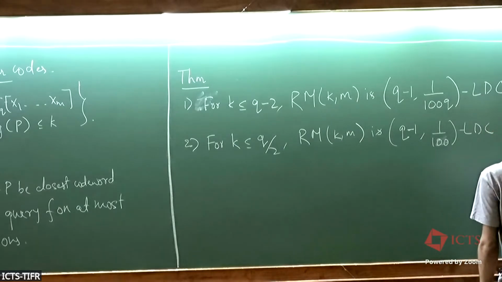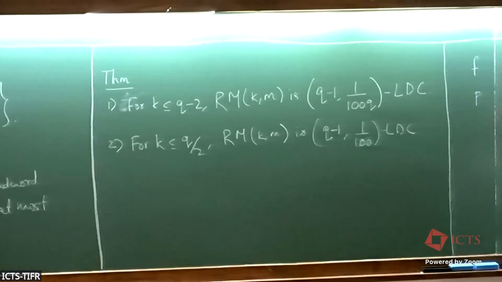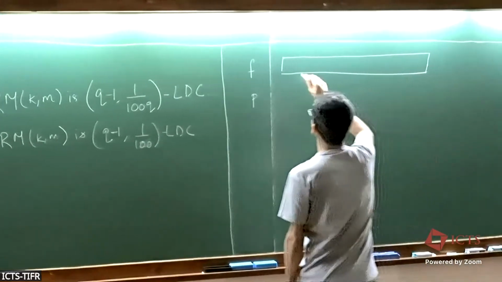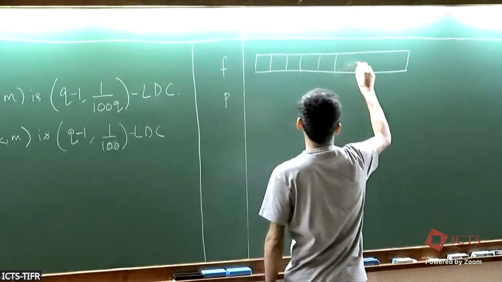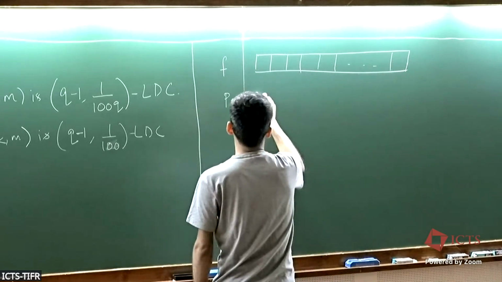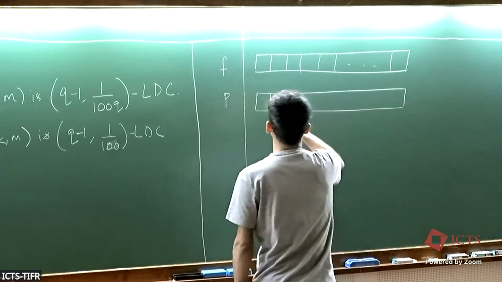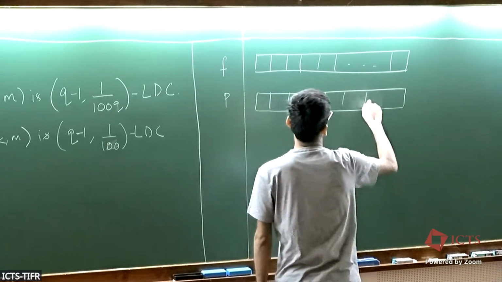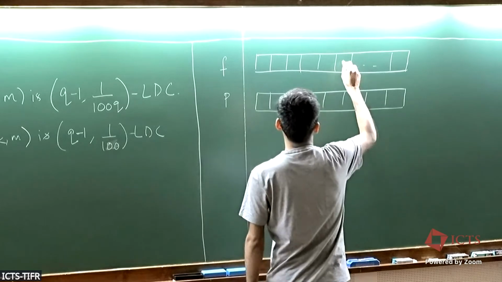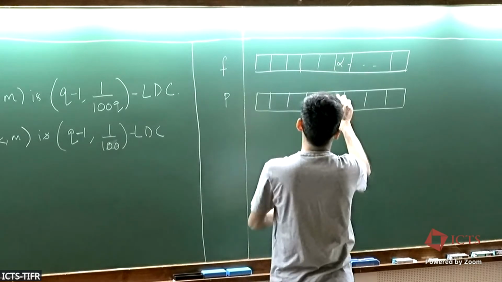So we have f and we have p, and we are given the vector f. These are all the evaluations in q to the n. P is the vector corresponding to p. And maybe we are interested in some coordinate alpha.